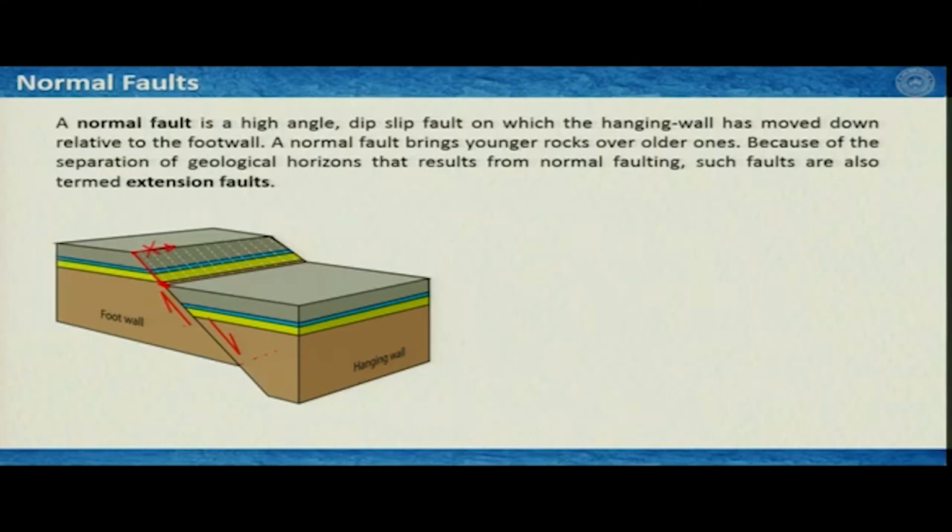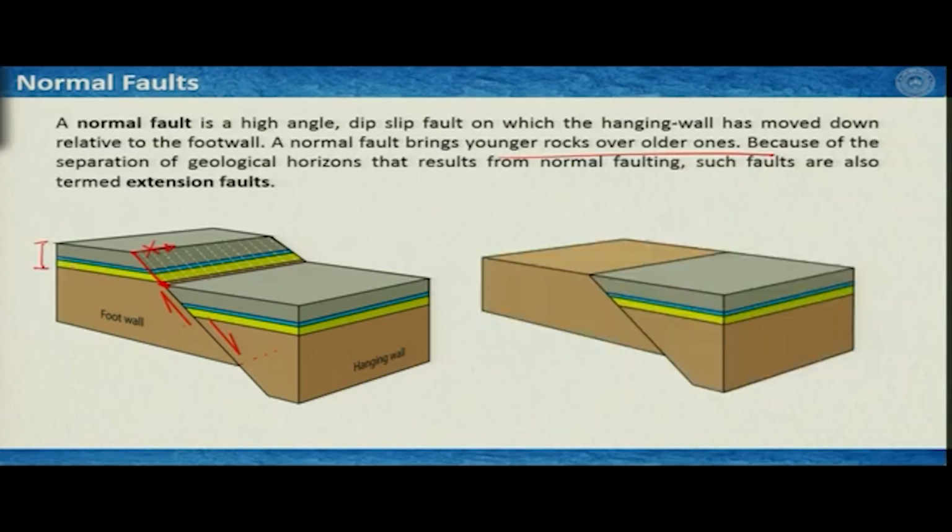In that case the hanging wall moved down relative to the foot wall. Now, talking about younger rock over the older ones, we can see it here, but let us do it in another way, because this has gone down. So, this would be a topographic high in the system, and if this is a topographic high, it would erode with time, and then it would stay like this.